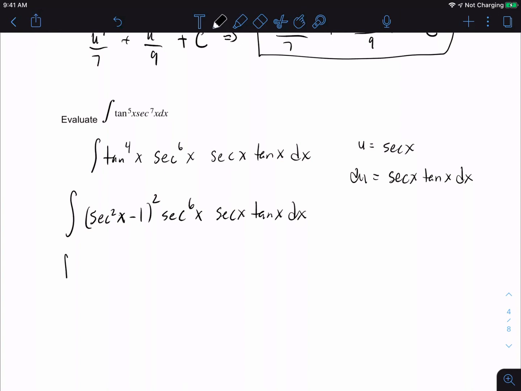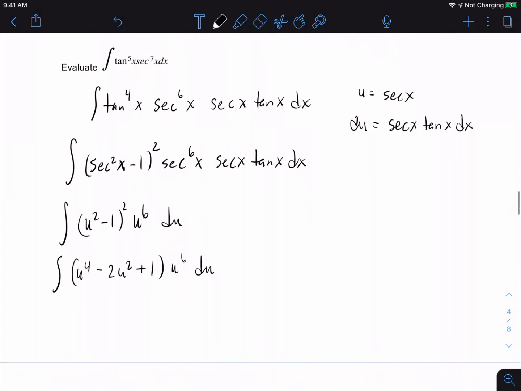So when I do the substitution, I'm going to get u squared minus 1 squared, u to the 6th du. We okay? Yeah. All right. So then from here, let's expand this thing. So I'm going to get u to the 4th minus 2u squared plus 1 times u to the 6th du.